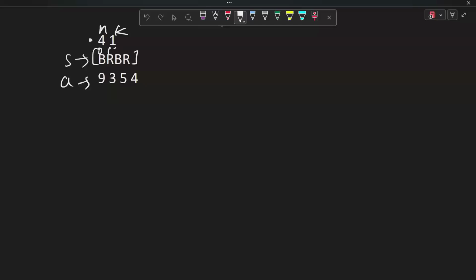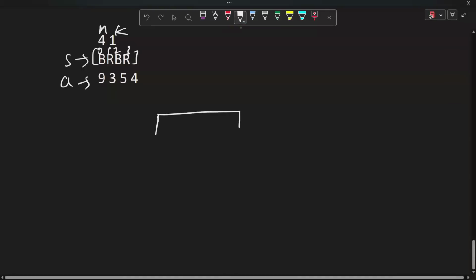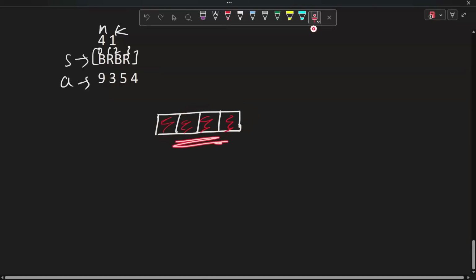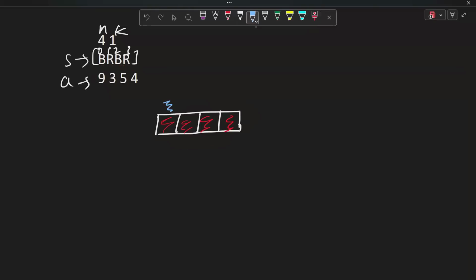Let's take 0-based indexing. Initially n is 4, so you have 4 strips, and all the strips are painted red. Now what you want is blue, red, blue, red. So you want this state to change to this.